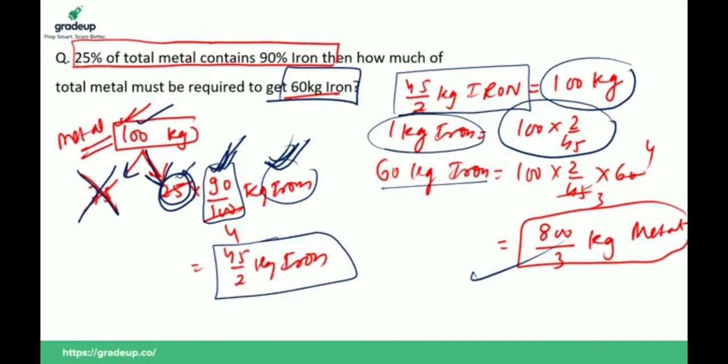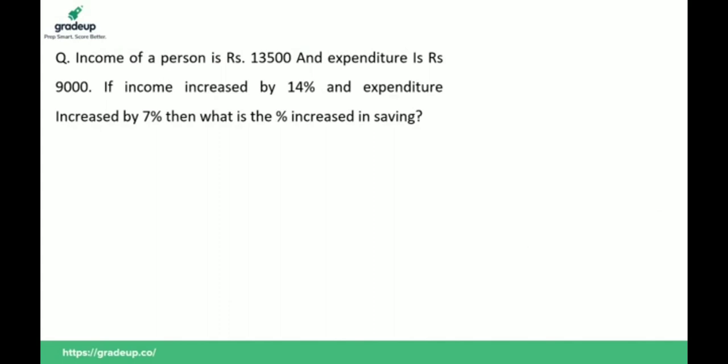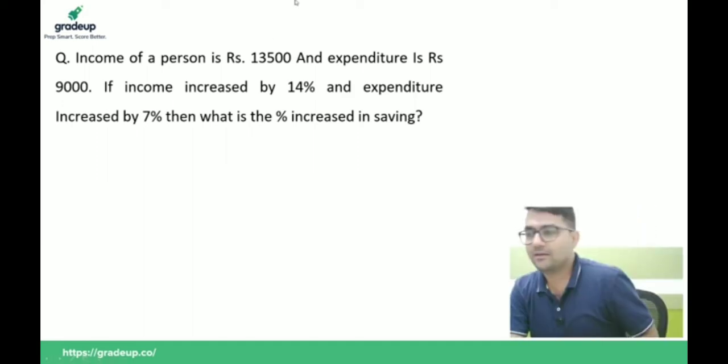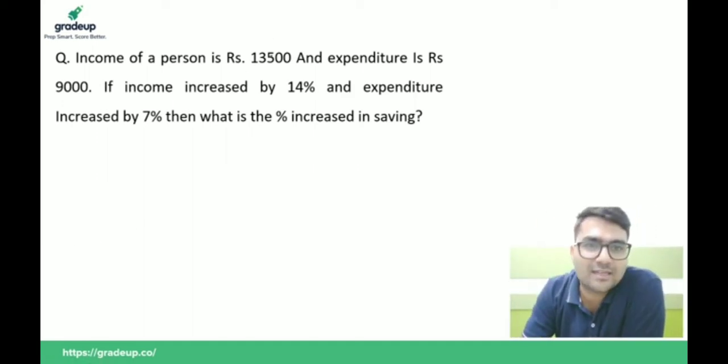Now let's move to the next question. Yes, guys, please try to solve this question and give the answer in the comment box. Guys, the income of a person is 13,500 and expenditure is 9,000 rupees.